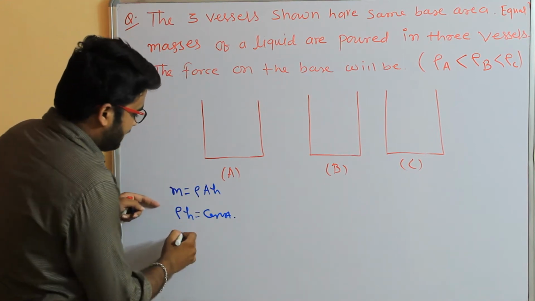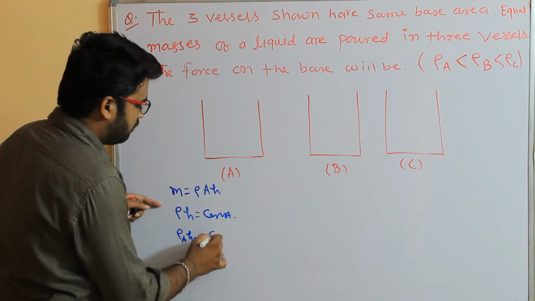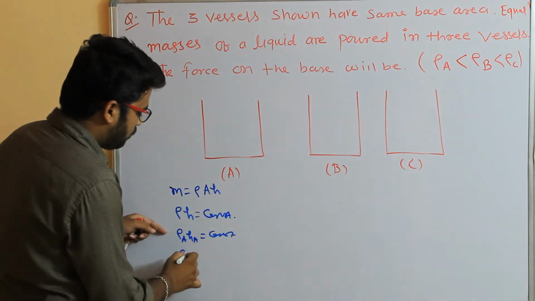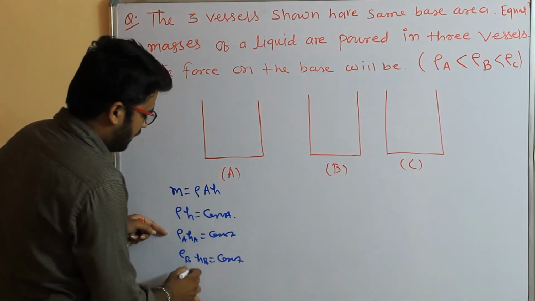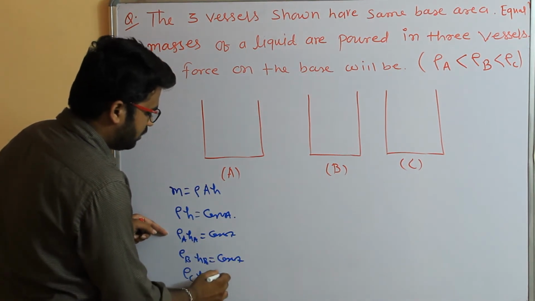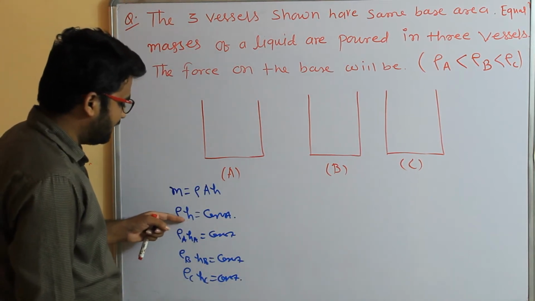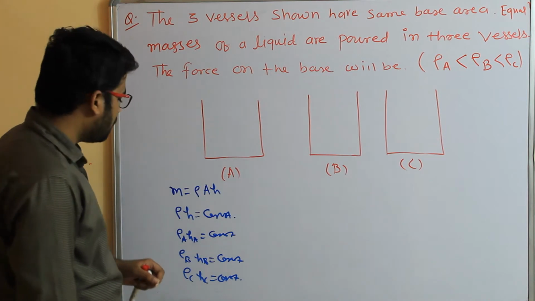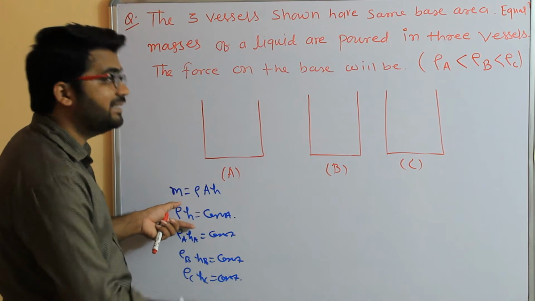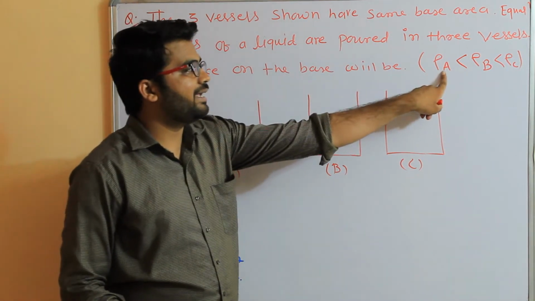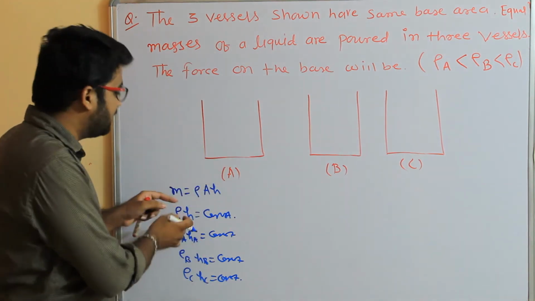So rho A into HA is equal to constant, likewise rho B into HB is equal to constant, and rho C into HC is equal to constant. ठीक है, तो अब देखो, height is inversely proportional to rho. So rho जिसका कम होगा उसकी हाइट ज्यादा होगी, तो rho A is lesser than rho B and rho C. So that's why जिसका rho कम होगा उसकी हाइट ज्यादा होगी.